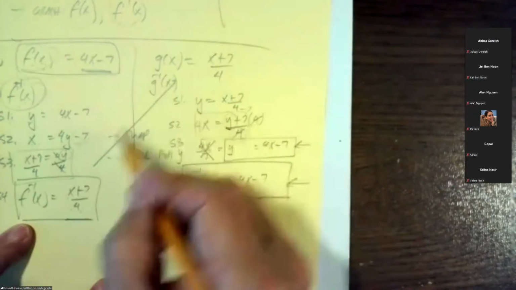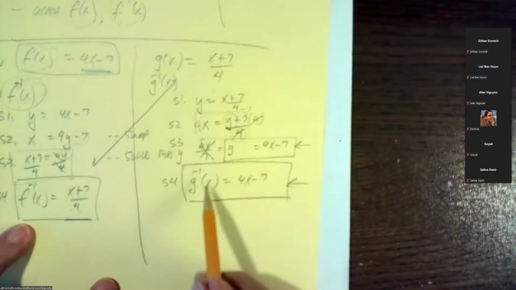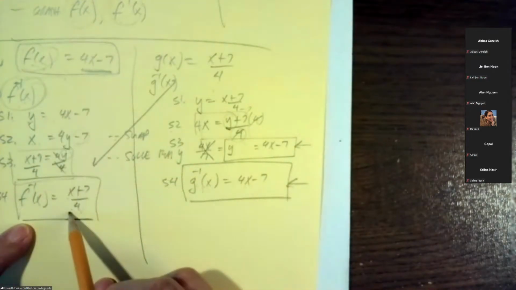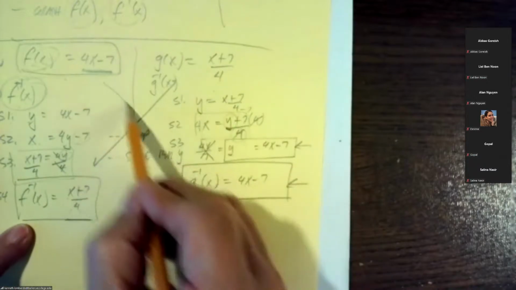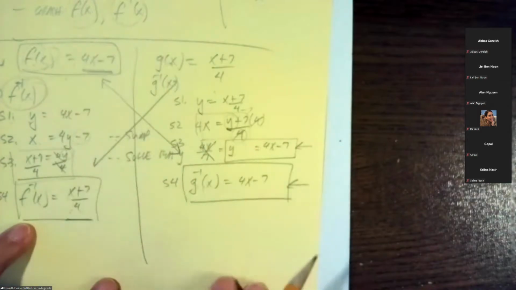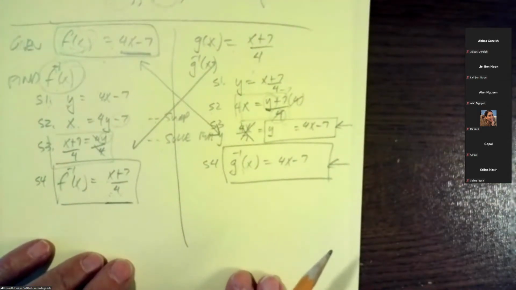That's telling us that the inverse of g of x looks like f of x, and the inverse of f of x looks like g of x, which says these functions are the inverse of each other. Okay, does that make sense to everybody?